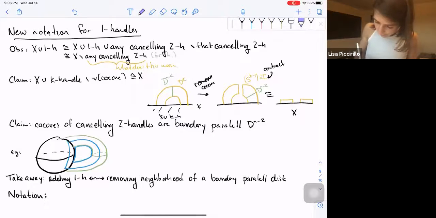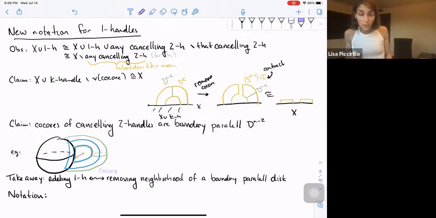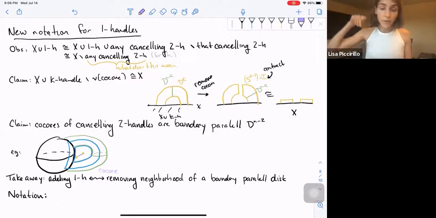Well, it's sort of like this D^(3-2), so D^1 in this dimension right here. So this is the co-core. All right. So if we're going to try to remove this blue two handle, what we're going to do is cut out the co-core.